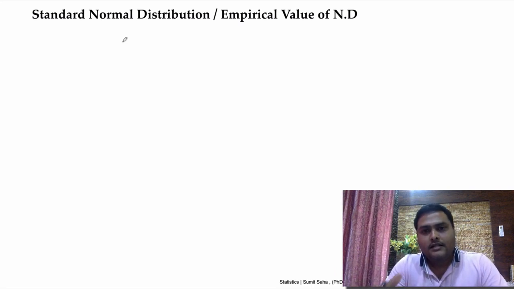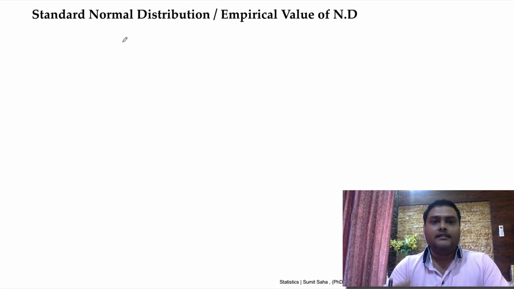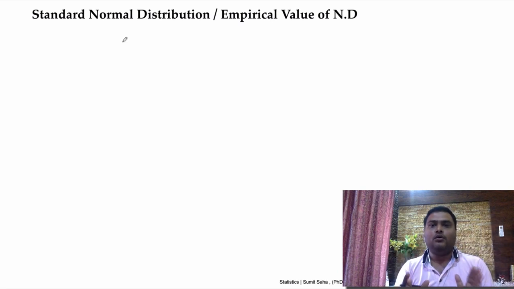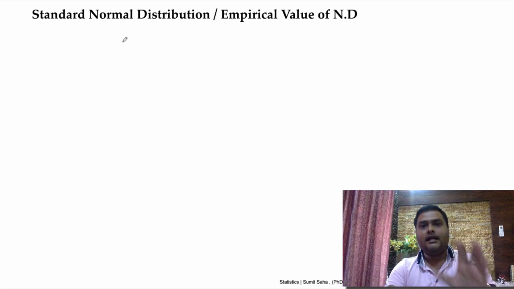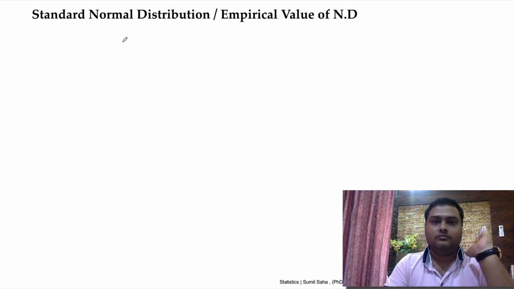Understanding the concept of the normal distribution or the calculation becomes a little bit complicated, and that is the reason we consider that, look, in this case I am going to standardize the normal distribution. What is that? I am standardizing, saying that the mean will be 0.